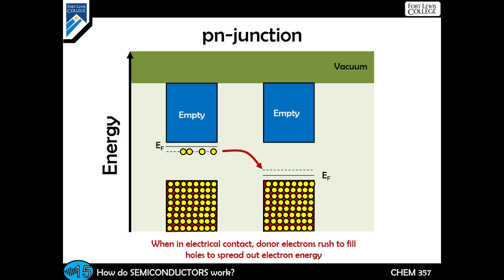So what happens at this p-n junction when you have a p-doped semiconductor and an n-doped semiconductor in contact? A potential, a voltage, is created. Electrical potential is created between the two surfaces. And what's happening is those free electrons in the n-doped semiconductor will migrate to the lower energy holes of the p-doped semiconductor.